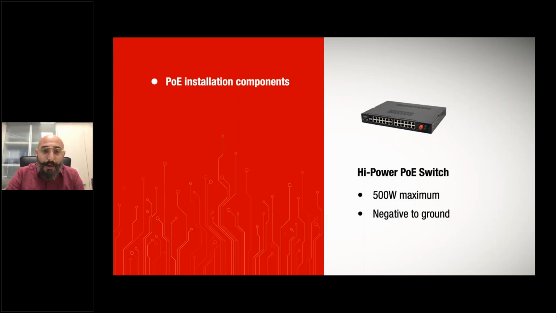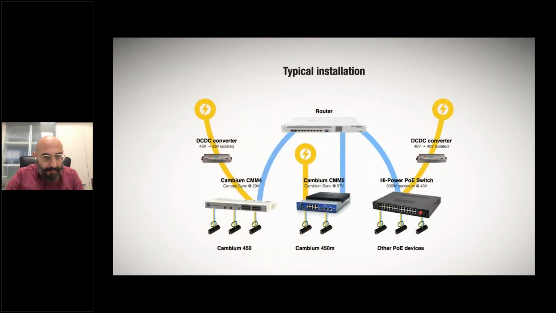But high power in PoE switching means at most 500 watts, and this power is shared among all the ports, so you don't know which port needs more power or less. It's difficult to predict. And of course, these kinds of devices are also generally negative to ground reference.